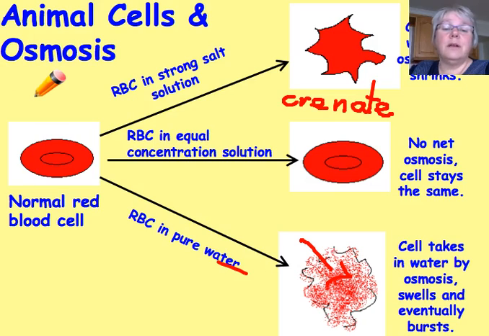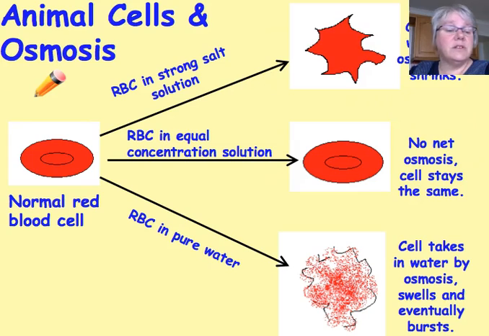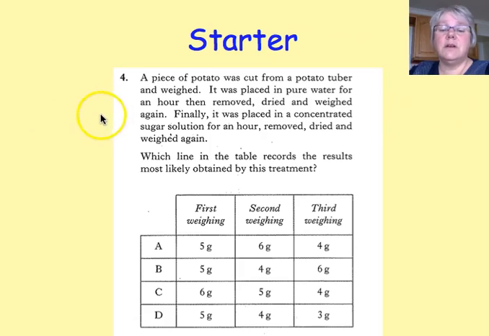So we're going to have a quick look at some past exam questions that have come up with this sort of thing. And here's one here. It's describing a piece of potato that was cut from a potato tuber and weighed. It was placed in pure water for an hour, then removed, dried and weighed again.